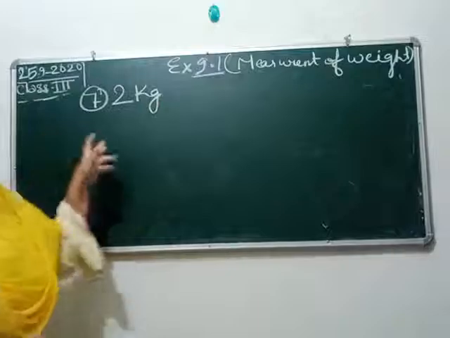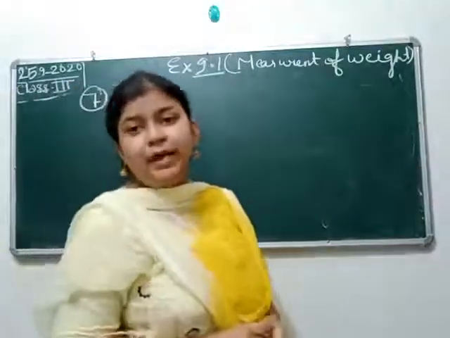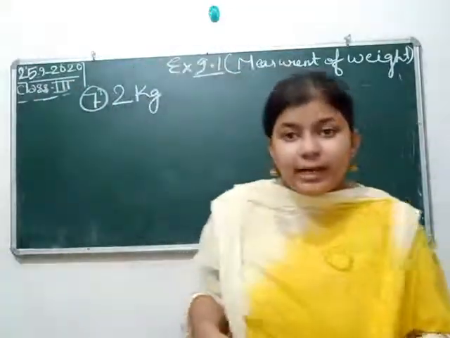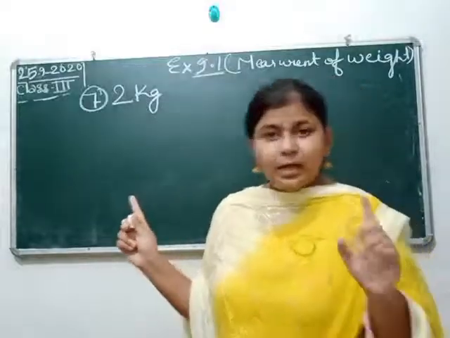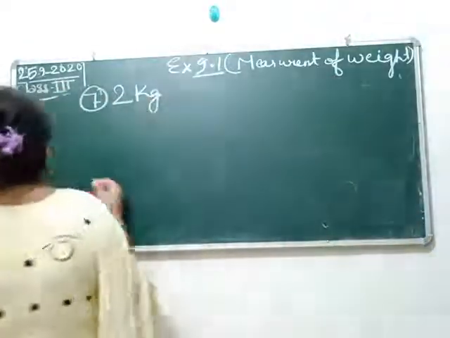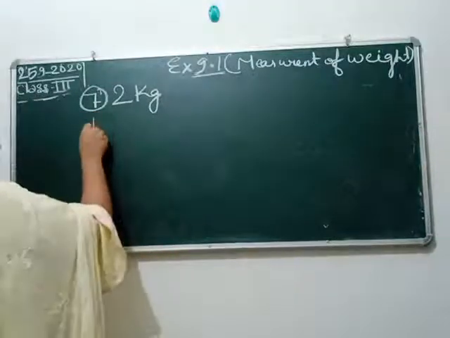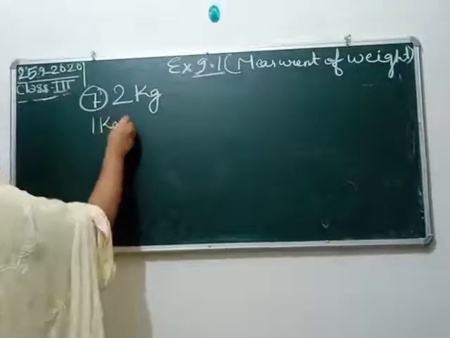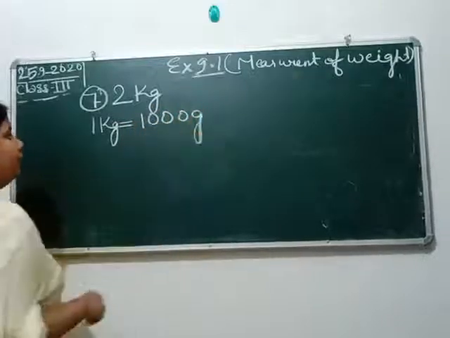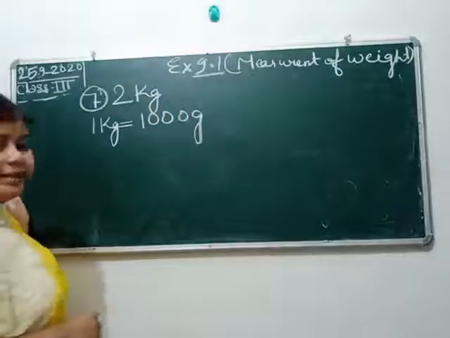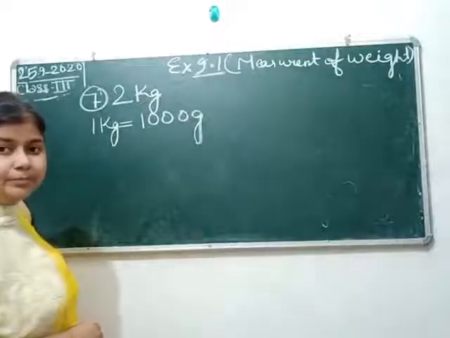Now if we have to convert 2 kg into gram, how will we do that? First line is what? 1 kg is equal to 1000 gram. Okay, 1 kg is equal to 1000 gram.